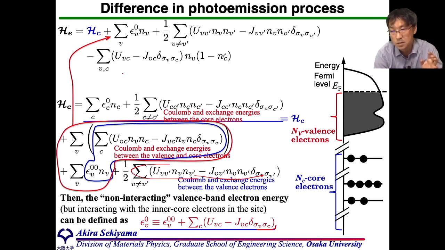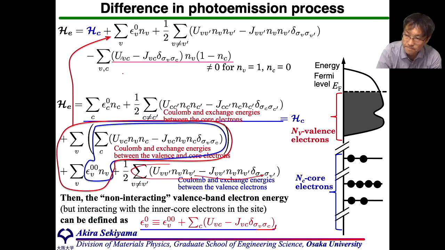In the final state, one state is excited, then that is equivalent to the situation that the core hole is created in the final state. Then this term becomes active. Okay? So this is a finite value when the number of valence electrons is larger than 0 and one core hole is created.